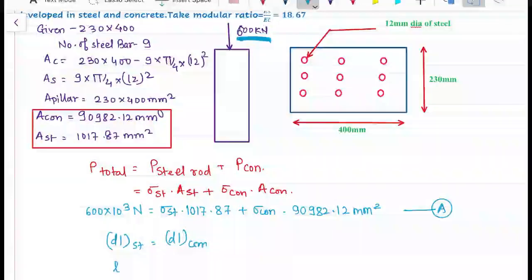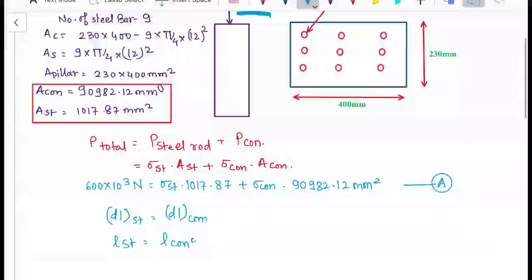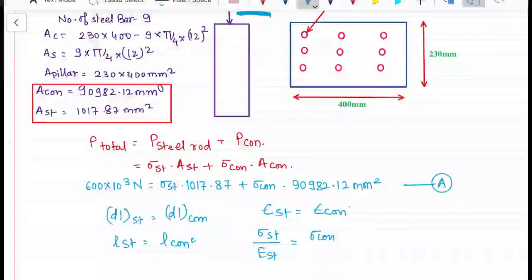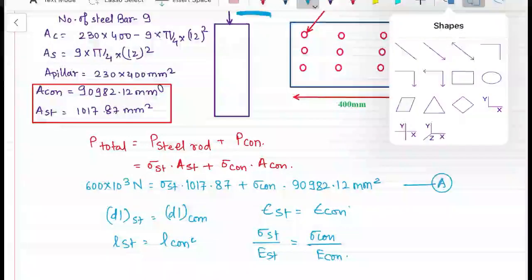Now in this case, the length of the steel bar is equal to the length of the concrete structure. So if they are the same, can I say the strain in the steel bar will be equal to the strain in the concrete? If the strain in steel is equal to the strain in concrete, it can be written as stress of steel upon Young modulus of steel equals stress of concrete upon Young modulus of concrete. So this will be our second equation.